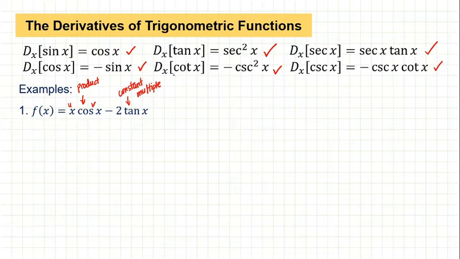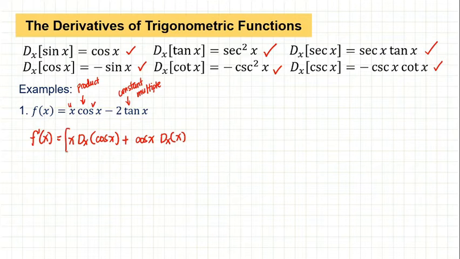So for this one, we will now have f prime of x is equal to, first, we will apply the product rule here. So you will have u dv plus v du. So u is x. So you have x times the derivative of v, which is cosine x, plus v, which is cosine x, times the derivative of u, which is x.